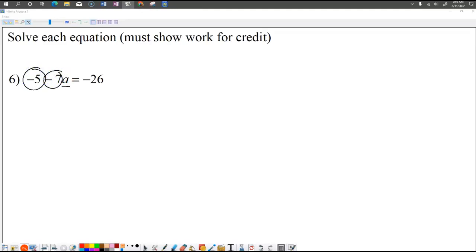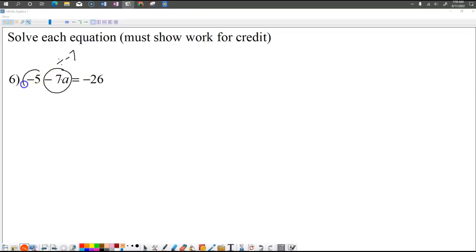Now we have to ask ourselves, what are they doing to the a? Well, this negative 7 here is multiplying by the a. So the way we're going to do that is we're going to end up dividing by a negative 7. Since negative 7 is multiplying the a, we do the opposite, which is division. So we are going to divide by a negative 7.